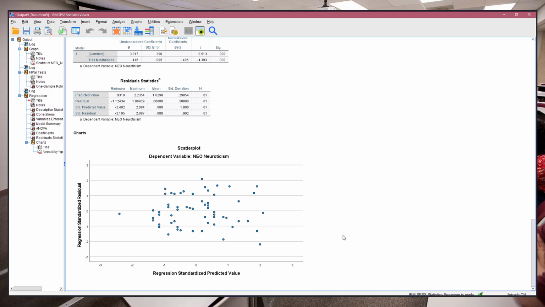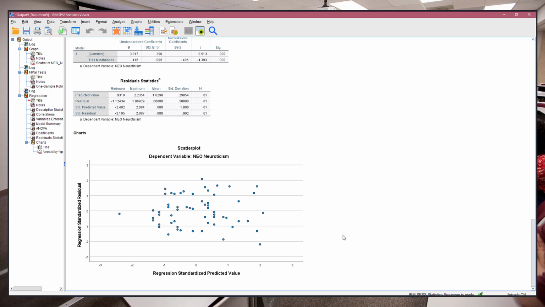I would say there's kind of a gray area in terms of, well, how heteroscedastic does it need to be before we say that the assumption isn't met? Well, this is kind of a rule of thumb here, but this looks pretty consistent.